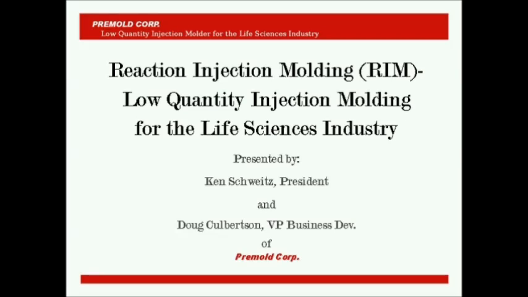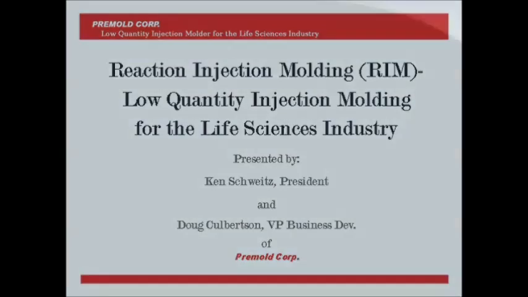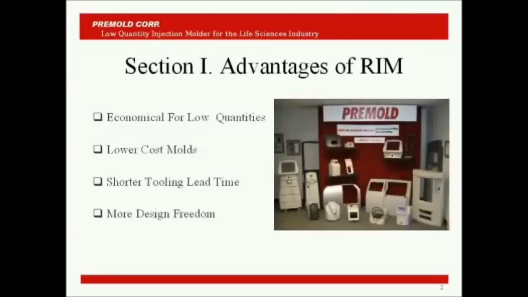Well, thanks for the introduction, Melanie, and good afternoon to our webinar attendees. The RIM process has numerous advantages, and I'll discuss 4 of them here. Advantages include good return for low-quantity parts, low-cost molds, short tooling lead times, and much greater design freedom.